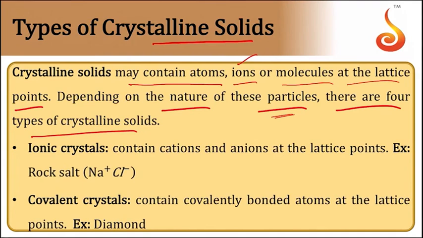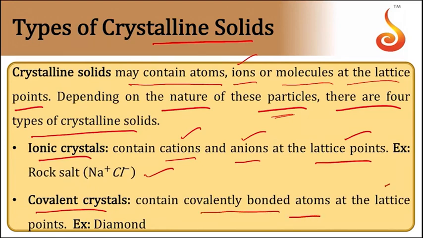First of all, ionic crystals. Ionic crystals contain cations and anions at their lattice points. For example, rock salt, that is NaCl. NaCl contains Na+ and Cl- ions at the lattice points of the crystal. Covalent crystals contain covalently bonded atoms at the lattice points, for example, diamond.